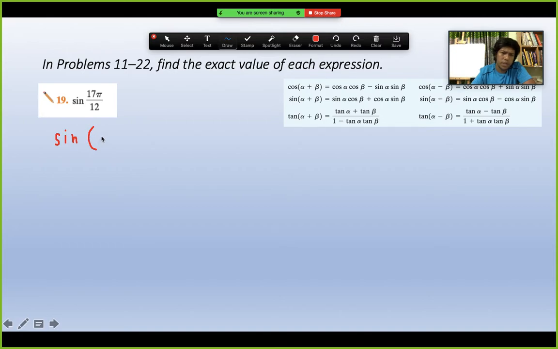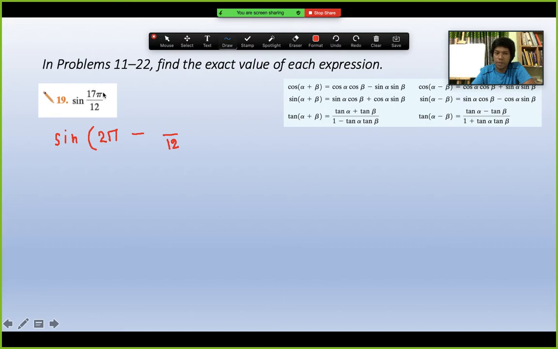The way is, since we know that sine theta, this sine has the period 2 pi. So if you write 2 pi here, then this is 12. If I write 12 here, I cannot give plus here, because 12 into 2 means 24, and 24 plus something will be a big angle.